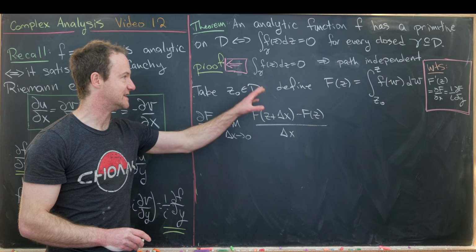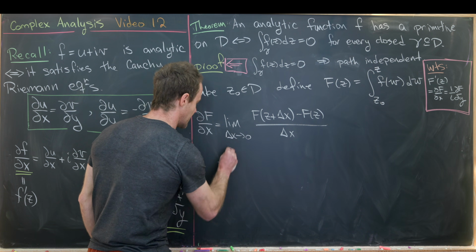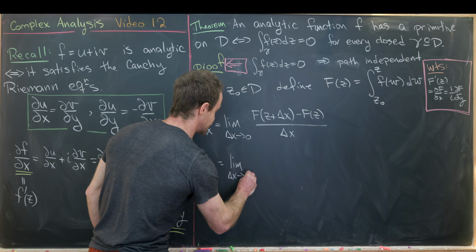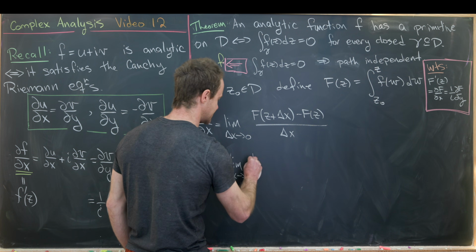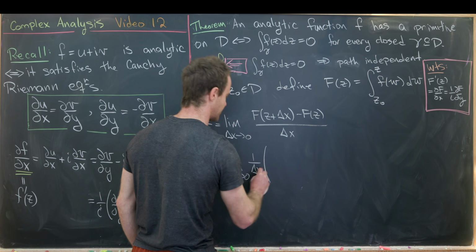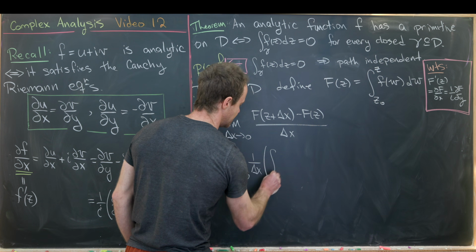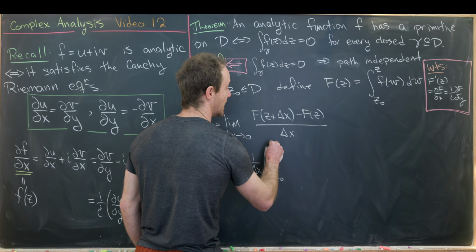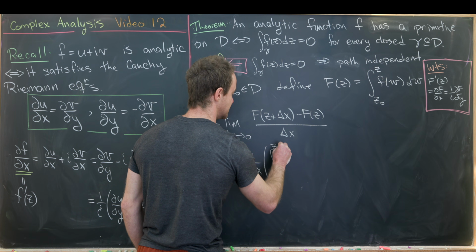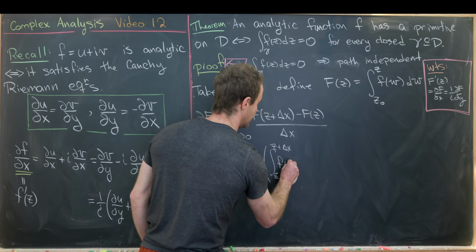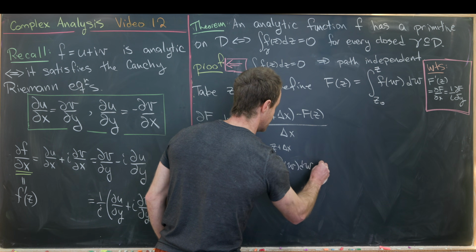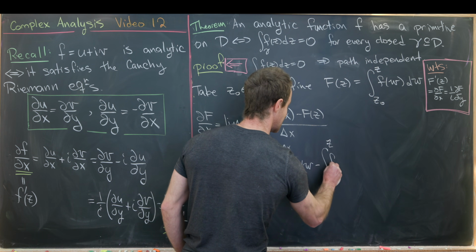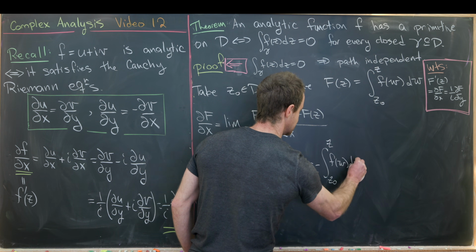But now let's use the definition of capital F to rewrite this as the limit as delta x goes to 0 of, I'll take this 1 over delta x out front, and then we'll have the integral from z0 up to z plus delta x of little f of w dw, and then minus the integral from z0 up to just z of f of w dw.